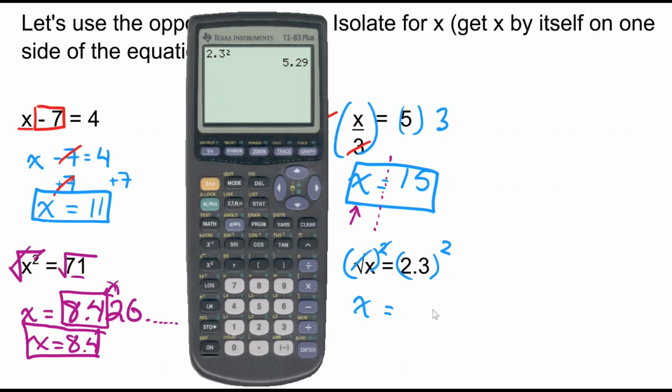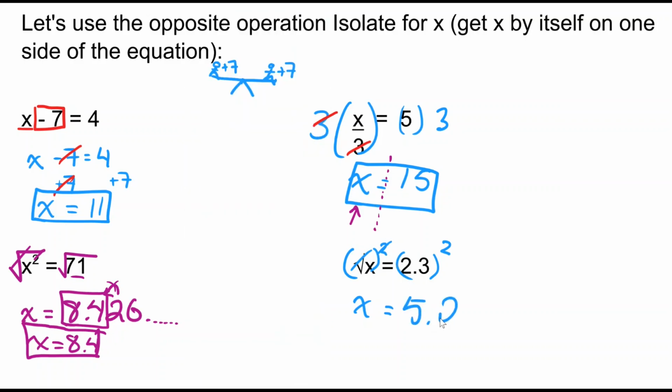So our answer is 5.29, but it's not really. Our answer is not really 5.29 because I see 2 significant digits here, so I need 2 significant digits here. So we're going to round to 5.3 because the 9 rounds the 2 up to a 3. So our x is 5.3. Perfect. I'm writing on a slant. Uh-oh.